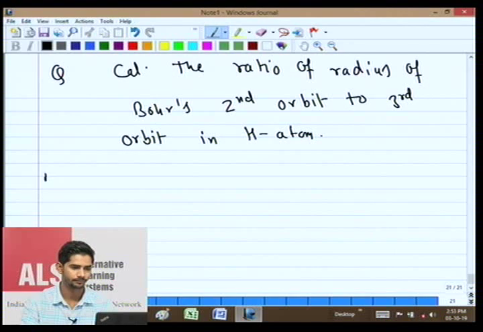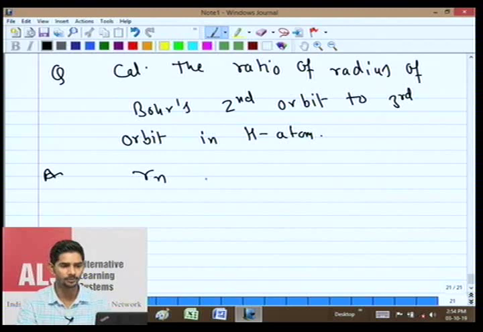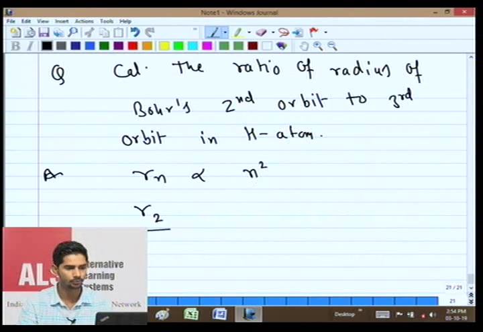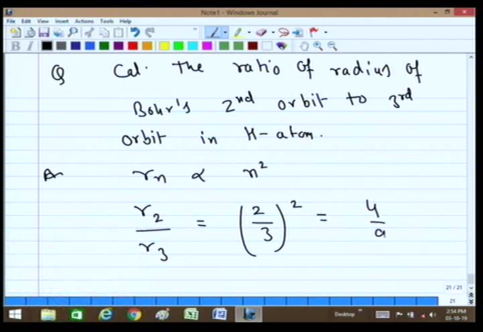Let's see. We know that radius is equal to 0.529 n square by Z. So it is hydrogen atom, so we can say it is proportional to n square only. So we have to calculate R2 upon R3, which is 2 upon 3 whole square.